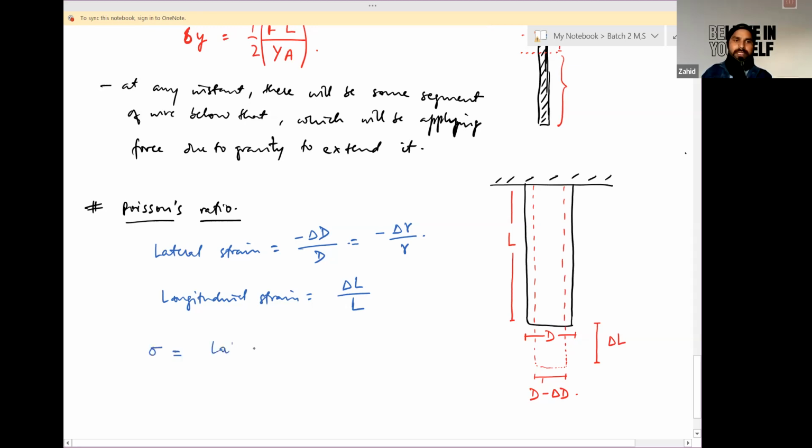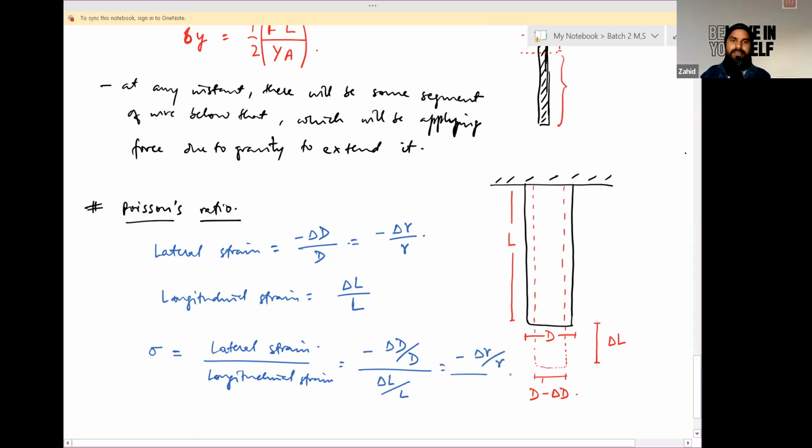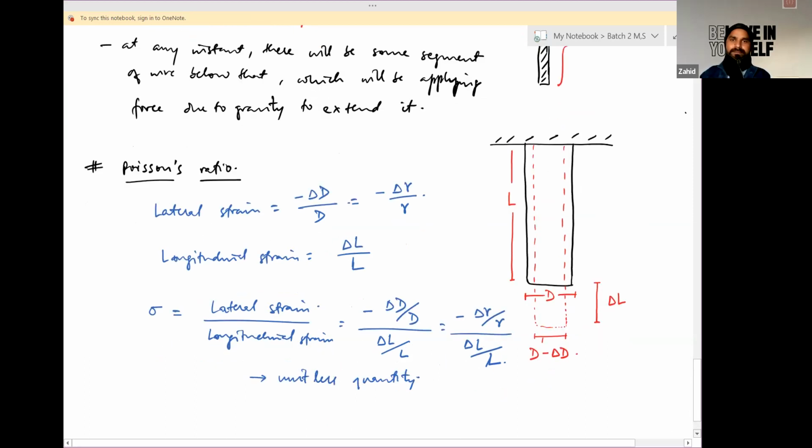So it is equal to lateral strain divided by longitudinal strain, which will be equal to minus of delta D by D divided by delta L by L, or minus of delta R by R divided by delta L by L. As in the numerator and the denominator both have the same strain, which is a unitless quantity, Poisson's ratio is a unitless quantity. Is it clear?